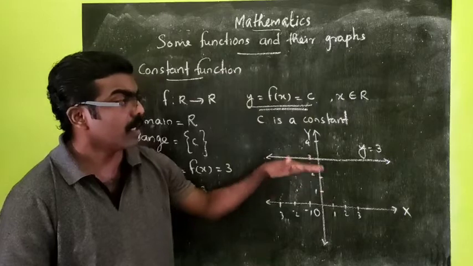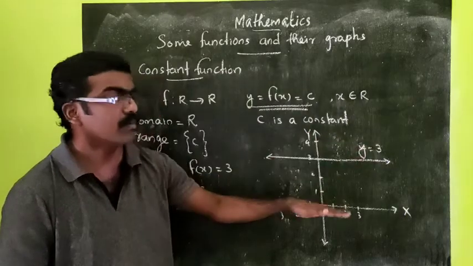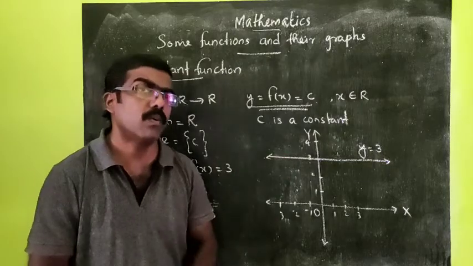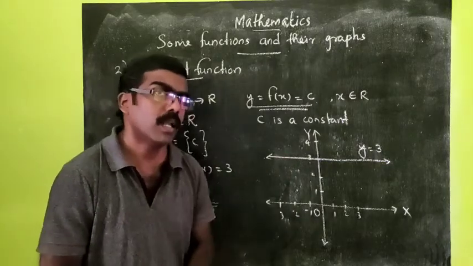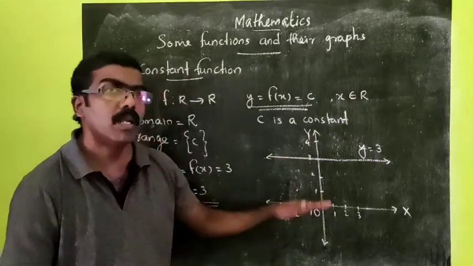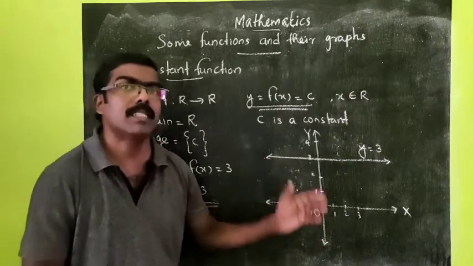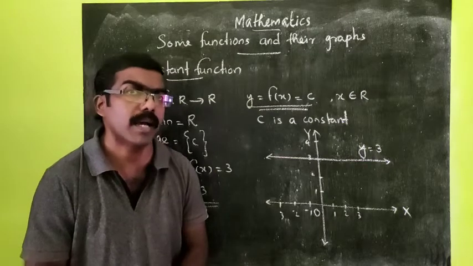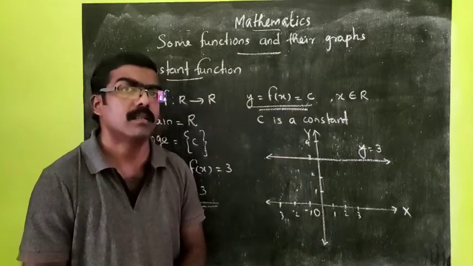Sometimes it may be above the x-axis and in some problems it is below the x-axis. If the y value is negative, y is equal to -2 and something like that, the graph will be below the x-axis, but it must be parallel to x-axis. Graph is a straight line which is parallel to x-axis. Clear?